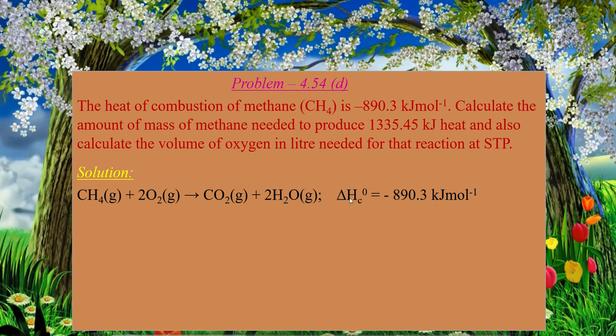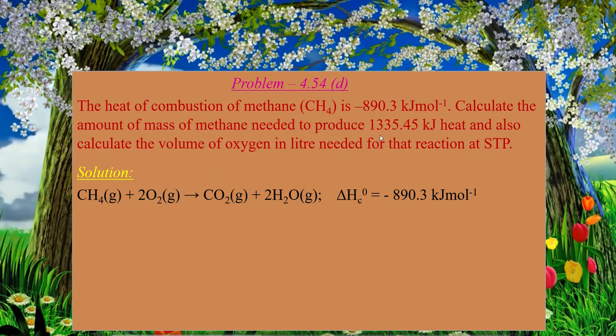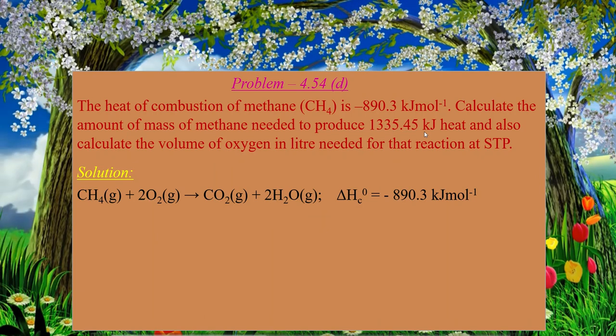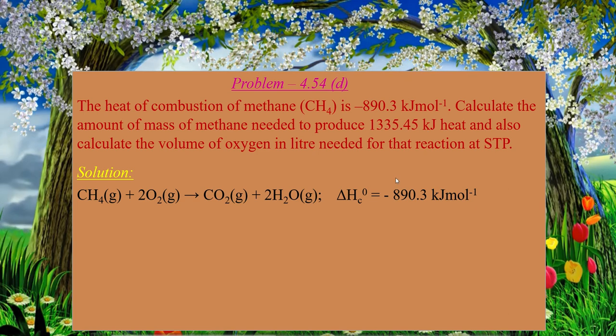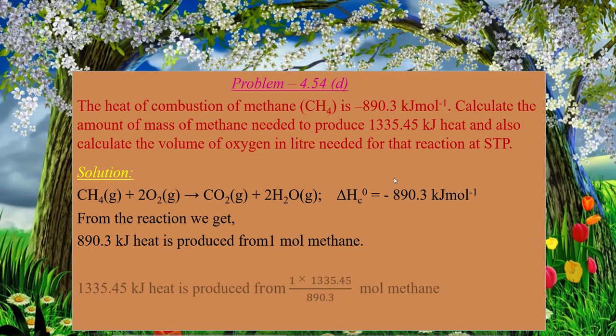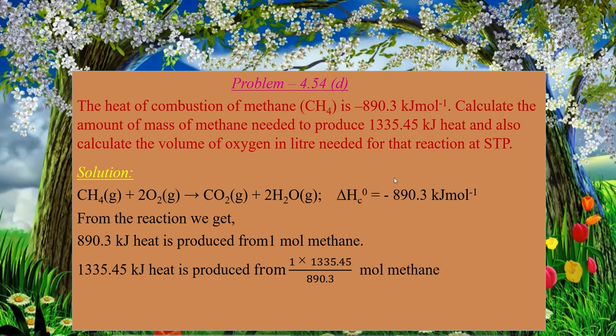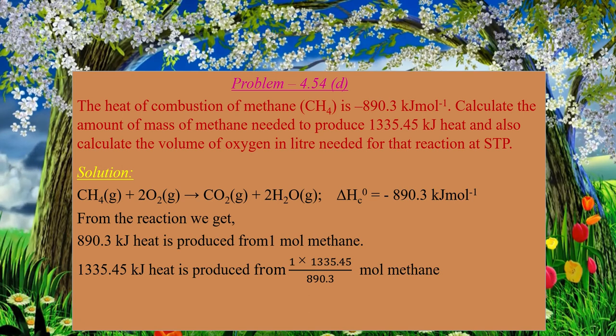This amount of heat energy is produced by burning 1 mole methane. Here, to produce 1335.45 kilojoule heat, how many moles of methane are needed? From the reaction, we get 890.3 kilojoule heat is produced from 1 mole methane.